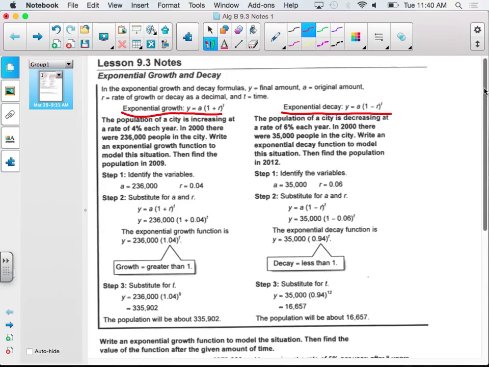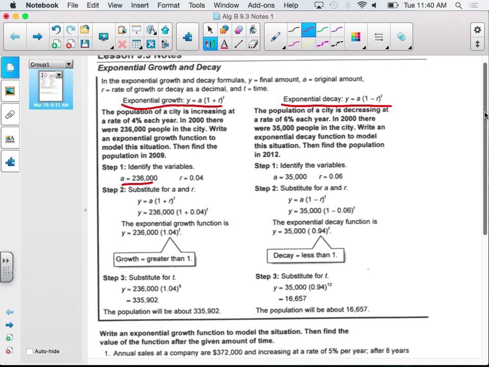What does that mean again? What's A? Your original amount? Right. The 236,000, that's how many people were in the city in 2000. What's this, R equals 0.04? What do you think that represents? That's the percentage of change. Right, so 4% is 0.04 because that's 4 hundredths, that's what 4% means.